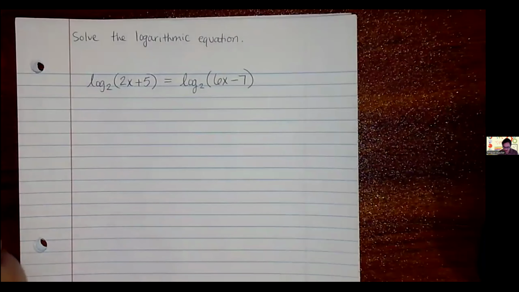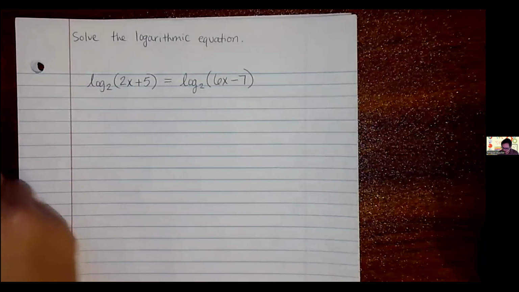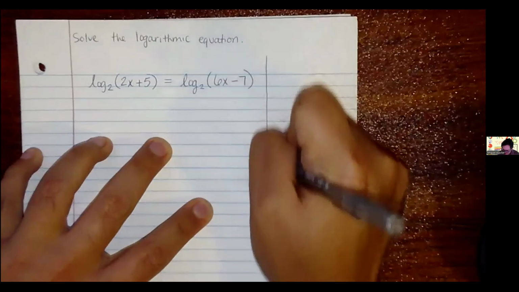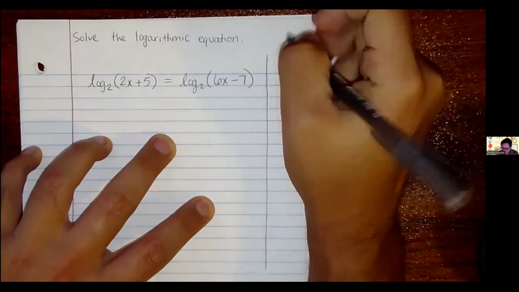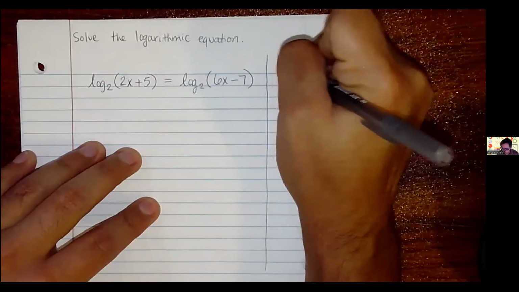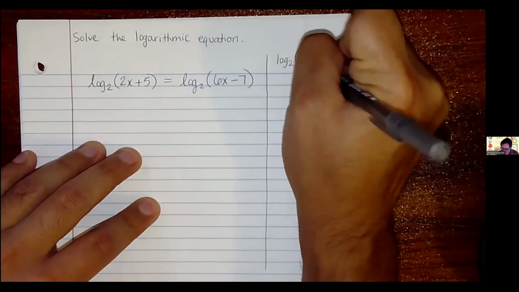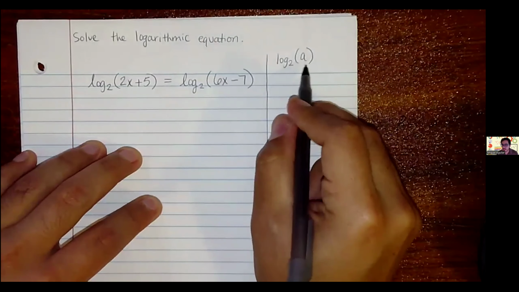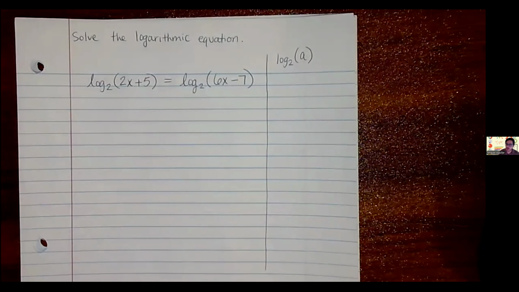So this new technique that we're going to use for solving these types of equations is if I have log base 2 of, let's say, a. I don't know what that a is. It could be anything. It could be a single term. It could be an entire expression like a polynomial.